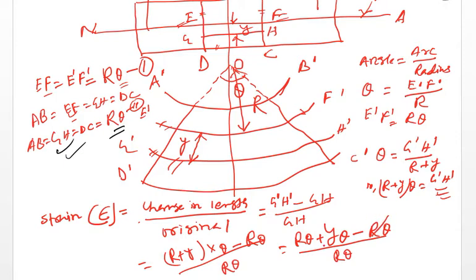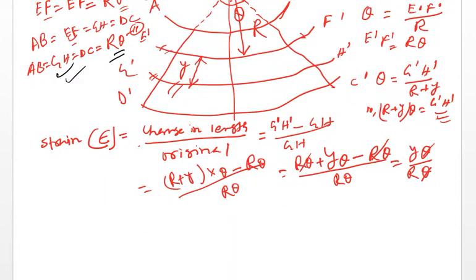So this Rθ, plus and minus, will be cancelled. So yθ upon Rθ, this θ and θ will be cancelled. So we got the value of epsilon, that is, strain ε is equal to y upon R. Suppose this is equation number 3, correct?